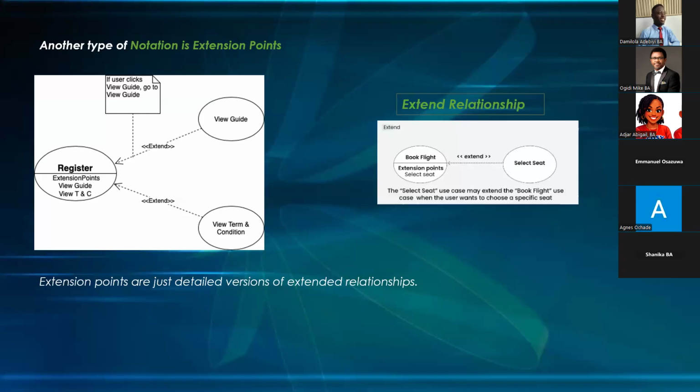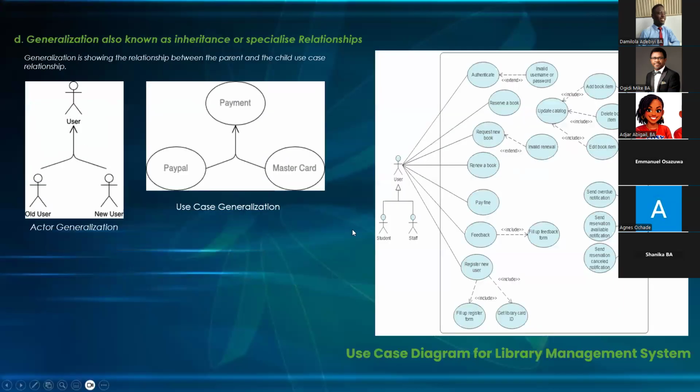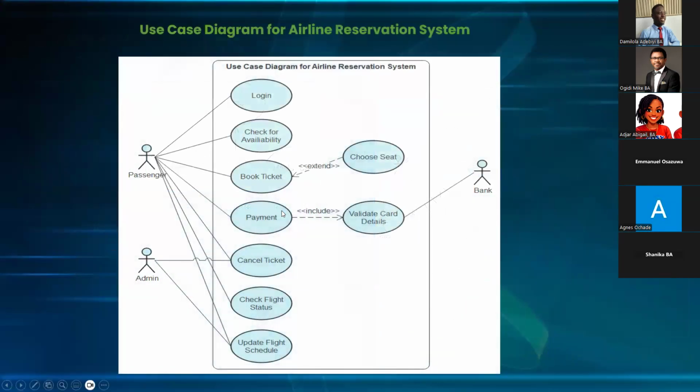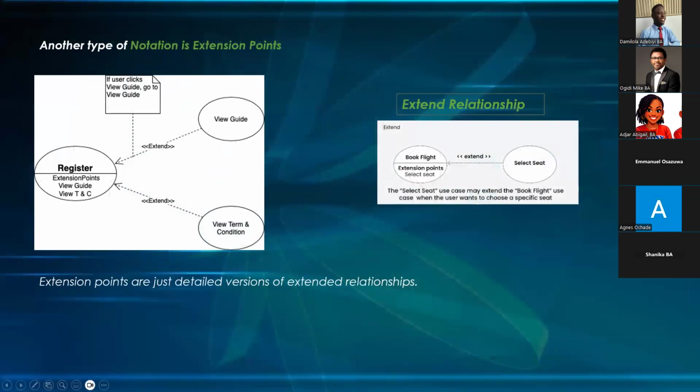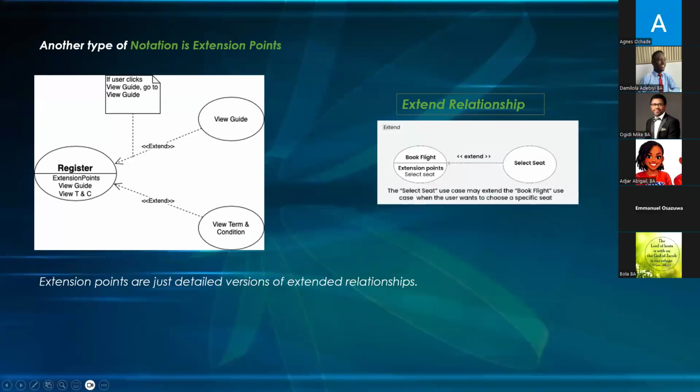But in this case, it is an extension point. I will advise we keep this one until we are okay with the other relationships, because usually we don't do extension points. I will not lie to you, a lot of people don't even know extension points. So go on, Agnes.